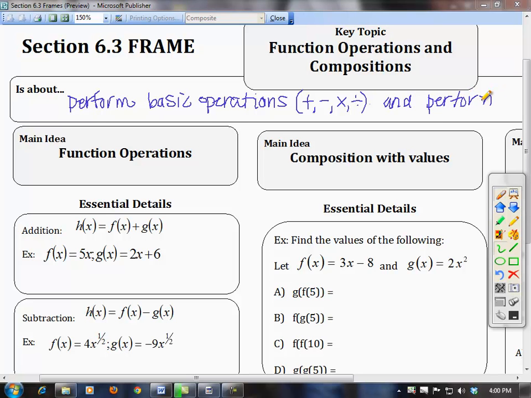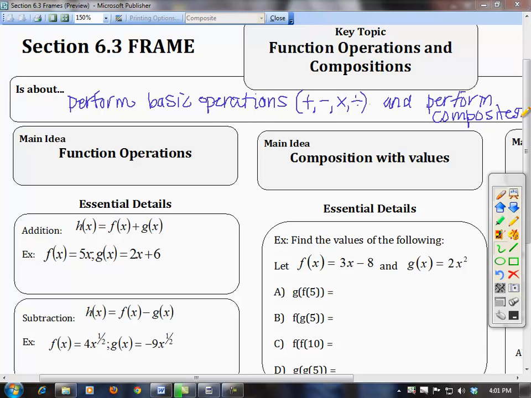And the composite part, which I'm going to write right underneath, is the part that's new. Okay? So we're performing basic operations, addition, subtraction, multiplication, and division of functions. And then we're also going to perform some things that we call composites. And I'm going to try and walk you through as nicely as I can on that one.